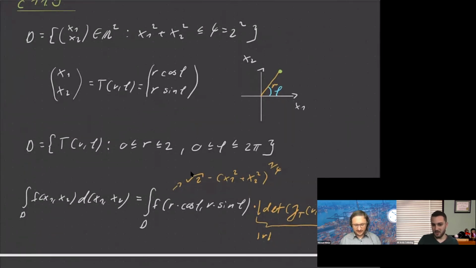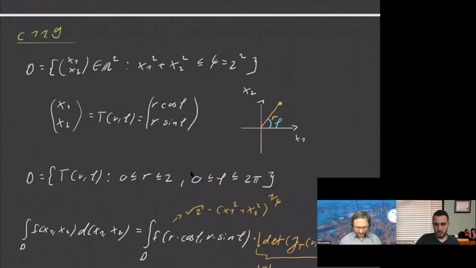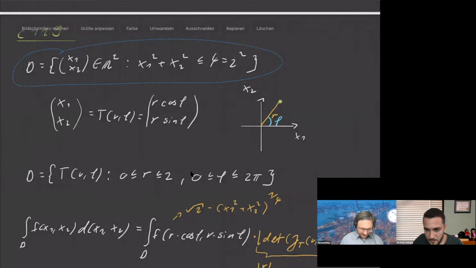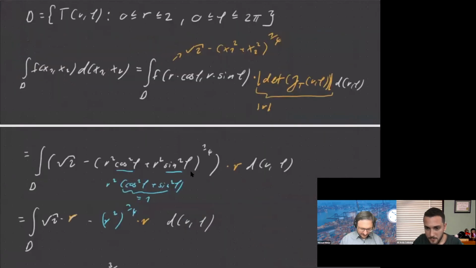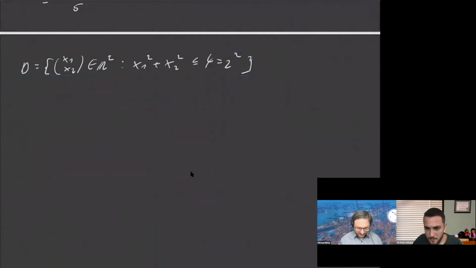Okay, so D, as I said, is a circle. Let's make a quick sketch here. Let me copy that over here so I have a little more space. So that is the description of D.